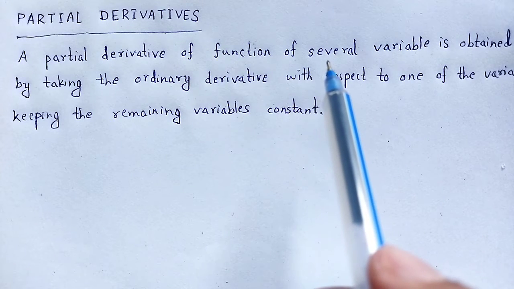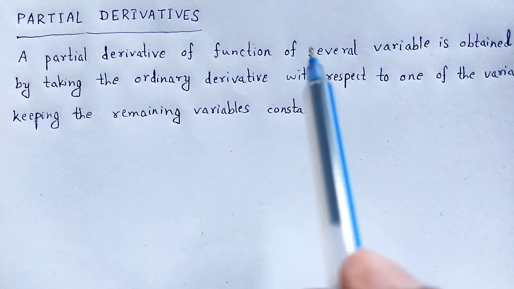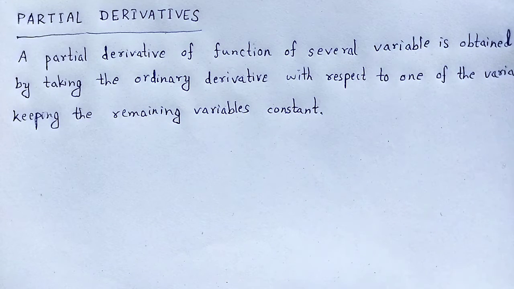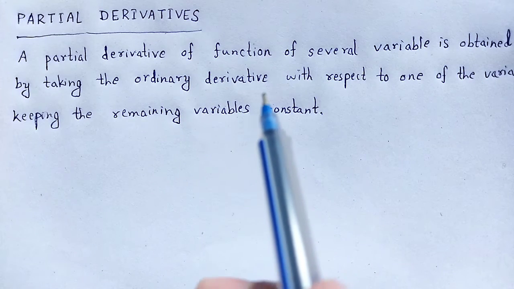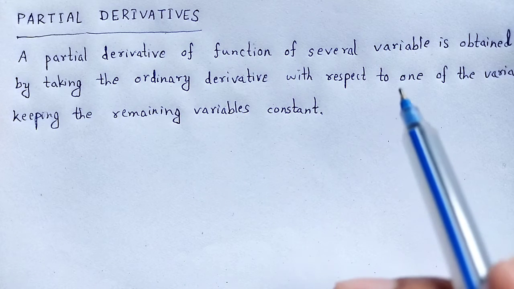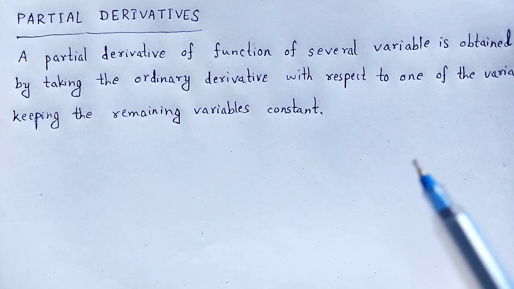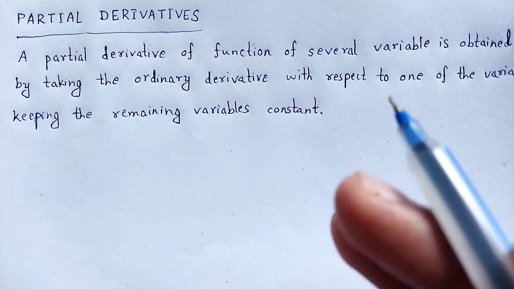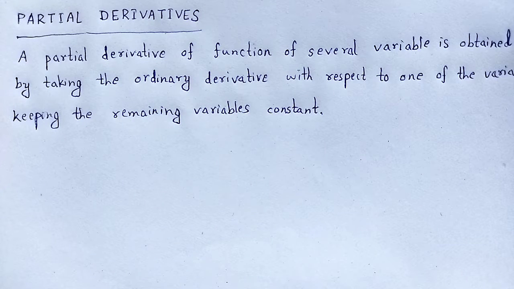Then we treat it as several variables. One variable is taken as constant, and we get the ordinary differentiation with respect to the other variable.